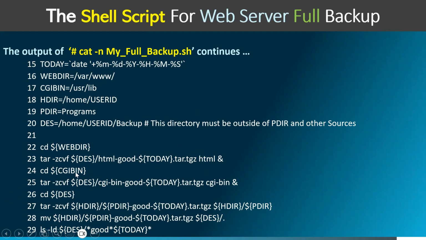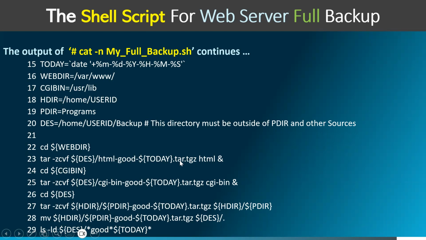Similarly, for cgi-bin, we are going to do the same path, but notice the naming convention. I'm using the tape archive. Tar stands for tape archive, and then -z is compression, zip it, and then C for create, V for verbose, and F for file.